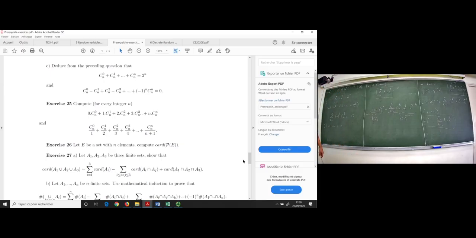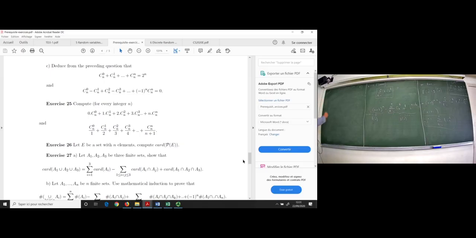So I won't do this one in detail, but do you have an idea of taking the same kind of trick for this one? If I see the second part of the exercise 25, I am interested in what? So, once again, we are going to express this sum using the summation notation.